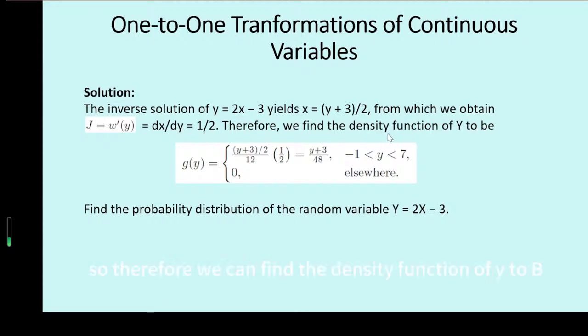Therefore we can find the density function of y by filling into the formula: the distribution of x, but taking the y value here, then times the Jacobian value. The result is (y plus 3) divided by 48. The y bounding value is minus 1 to 7, and the density of y is 0 for other values.